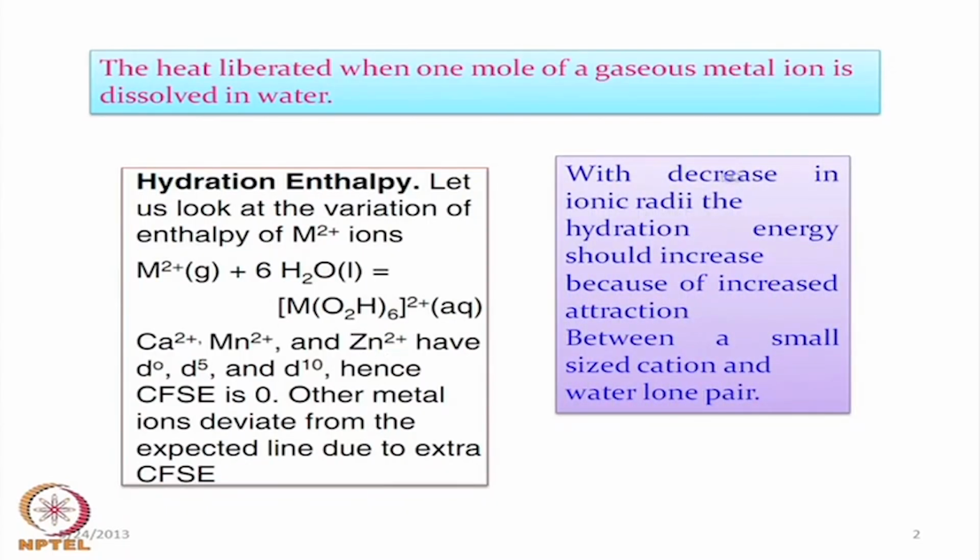So, what we see is that with the decrease in ionic radii, the hydration energy should increase, because of the increased attraction between a small-sized cation and a water lone pair.